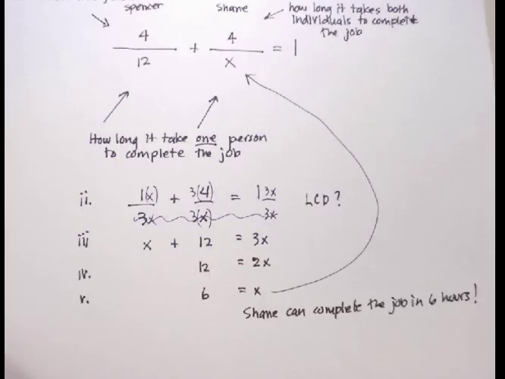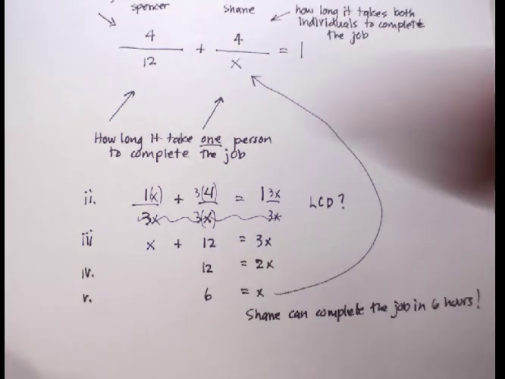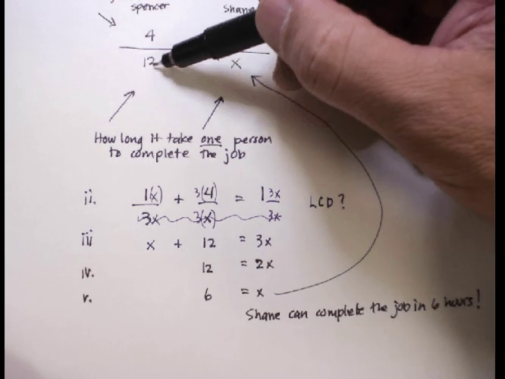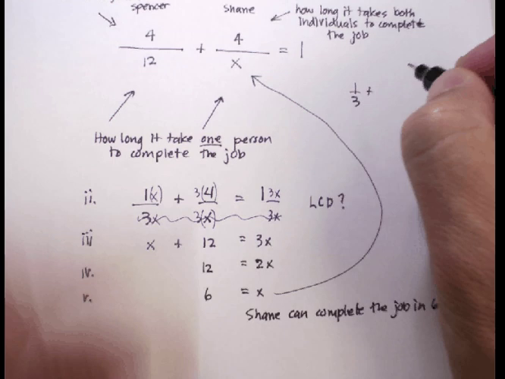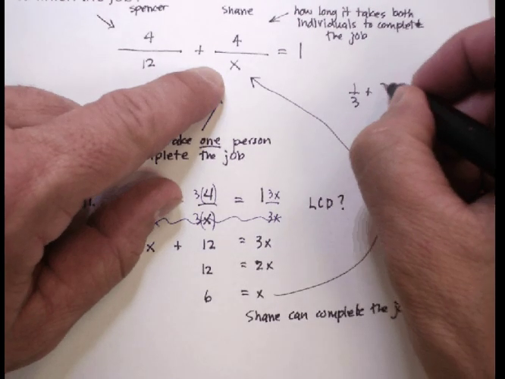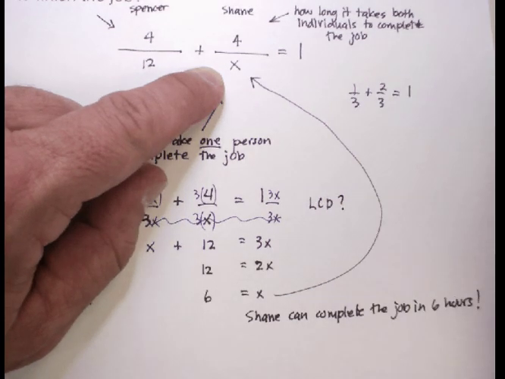There we go. Okay, I hope that makes some sense. And if you put that number in here, you'll see that the two fractions actually work. 4 over 12 is 1/3. Let's just check that. Plus 4 over 6, which is what? 2/3. And sure enough, that's equal to 1. And that's why you know you did it correctly.